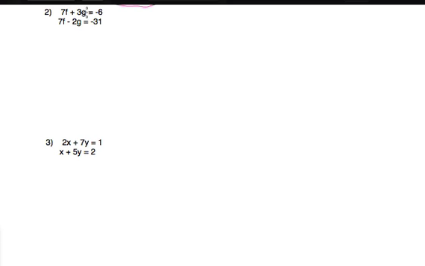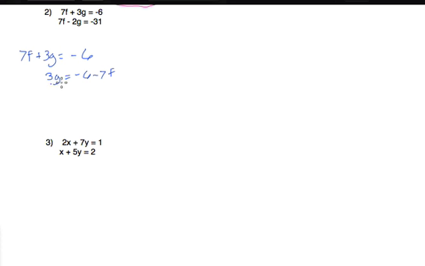Number 2, let's solve for g right there. Let's use 7f plus 3g equals negative 6. Alright, so subtract 7f from both sides, and that gives us 3g equals negative 6 minus 7f.